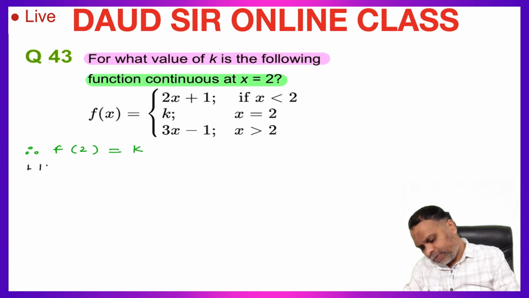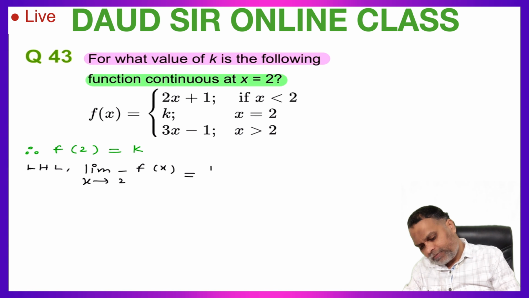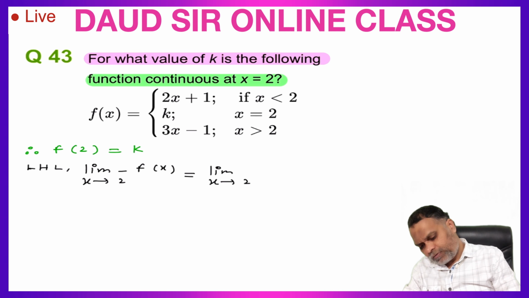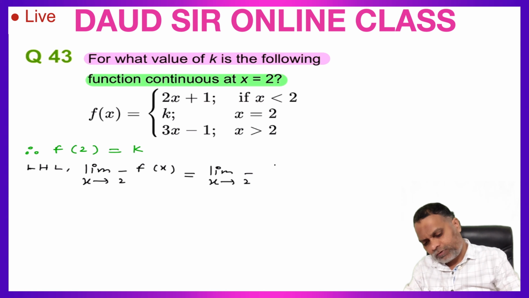Left hand limit: limit x tends to 2 minus, f of x is equal to limit x tends to 2 minus, where x is less than 2, here 2x plus 1. Take this 2x plus 1.